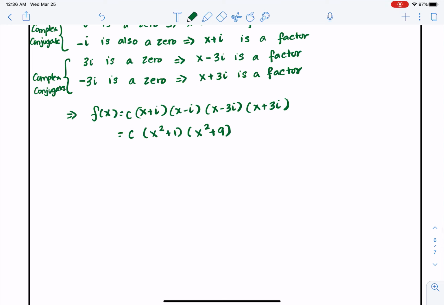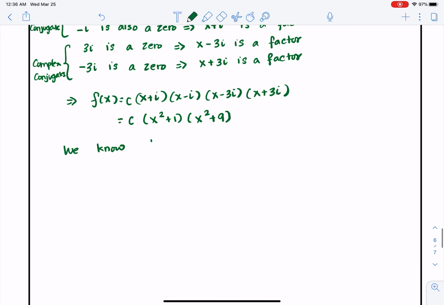So we found f of x, and we know f of negative 1 is 20. So c times x squared plus 1 times x squared plus 9 would equal 20.